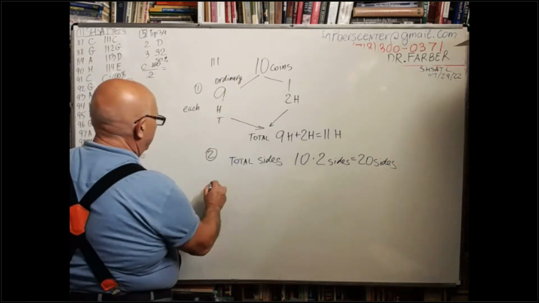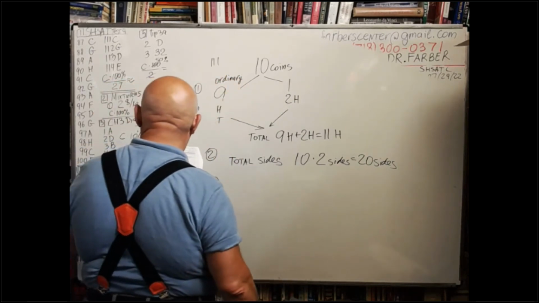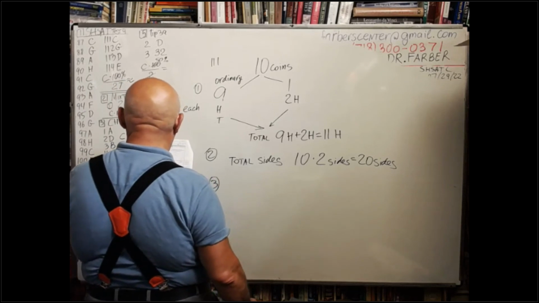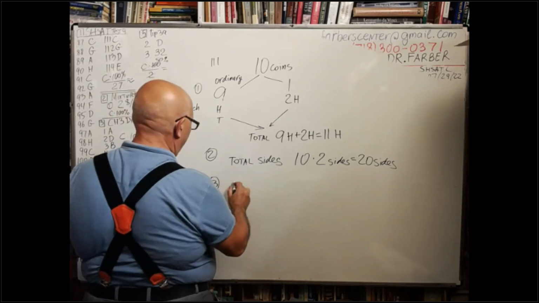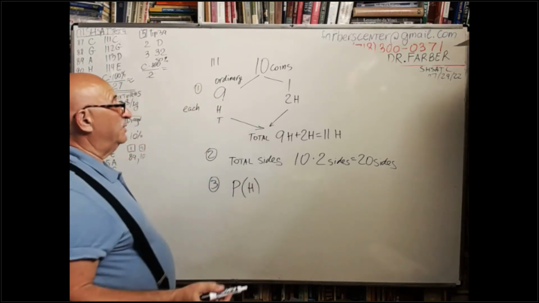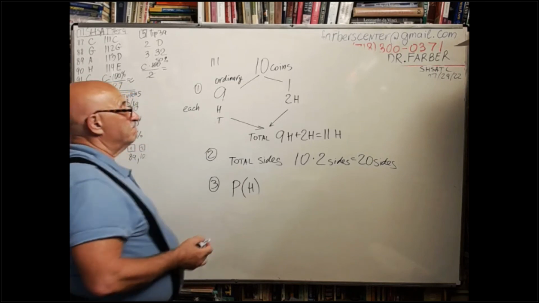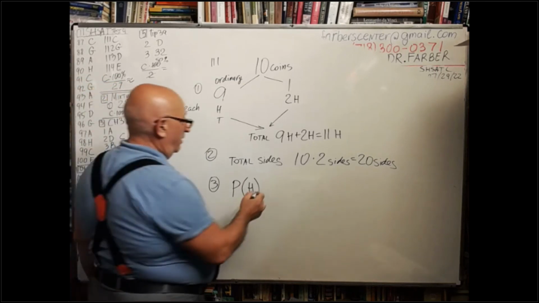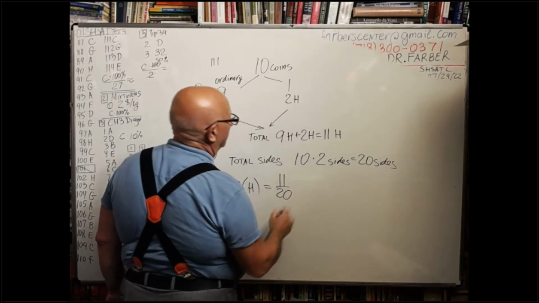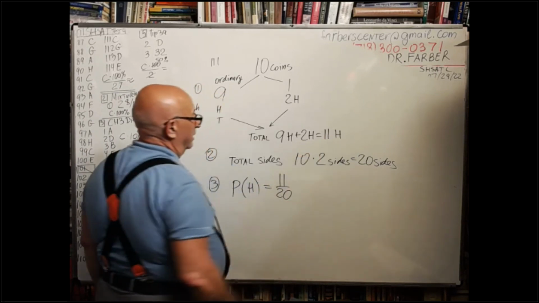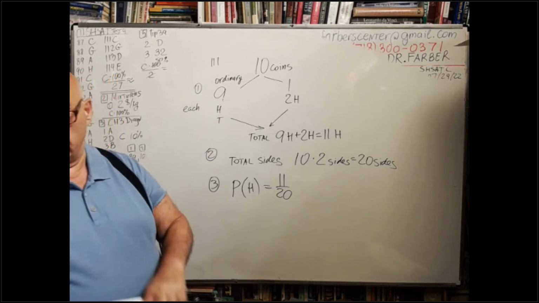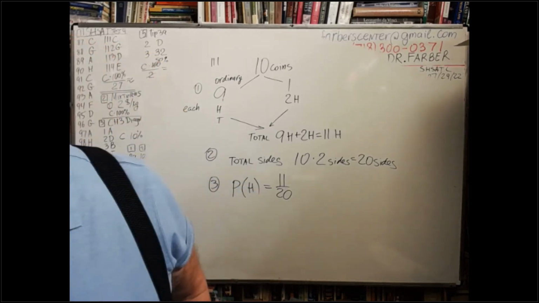And what do they ask you? They ask what is the probability that the coin will land on head. By definition, for probability, favorable outcomes is 11 out of 20, because we have a total of 11 heads. So far, so good. Did you answer the question? Yes, thank you. Welcome.